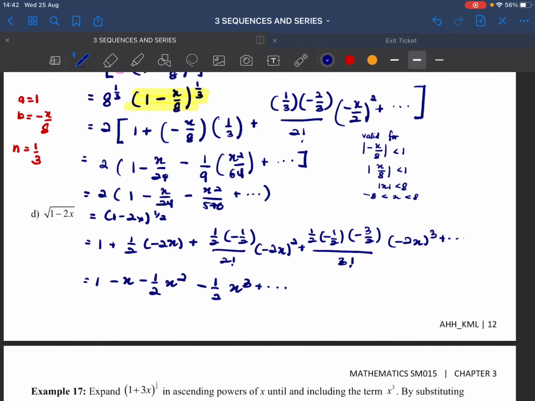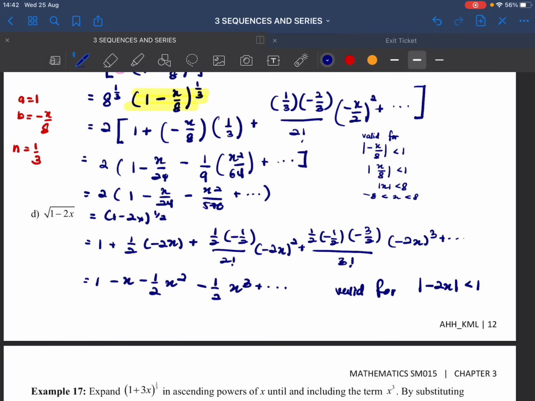Okay, so again, don't forget every time you expand your n fraction or n negative, make sure to check the validity. So this one valid for modulus b less than 1. What is our b? B here is negative 2x. So modulus negative 2x less than 1.